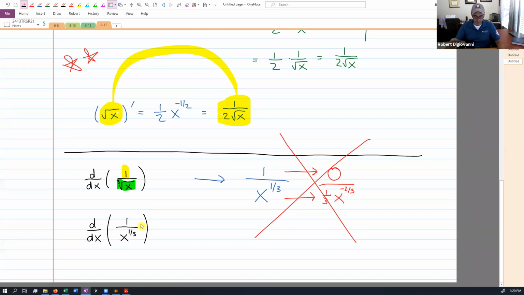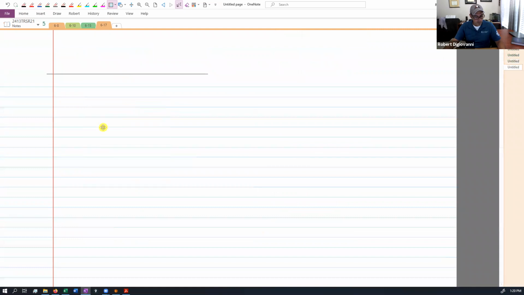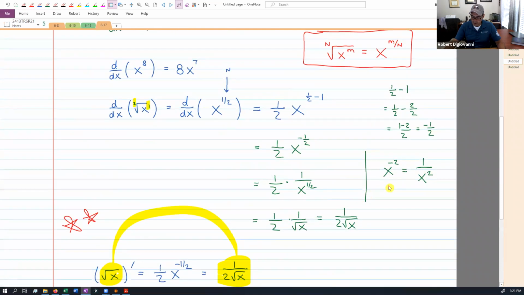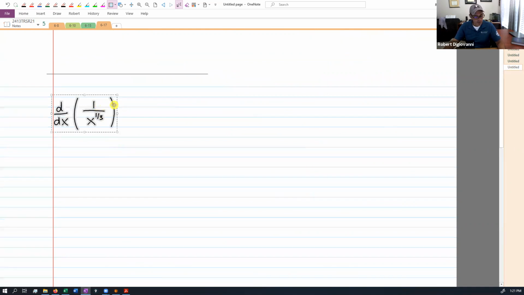This is the critical step. With Caitlin, what we did was we had this and we dropped it down to the bottom, didn't we? I think what you were suggesting, Christian, was to go backwards and bring it back up. So if you were to take this expression and bring that x to the 1/3 back up, then what would it be?